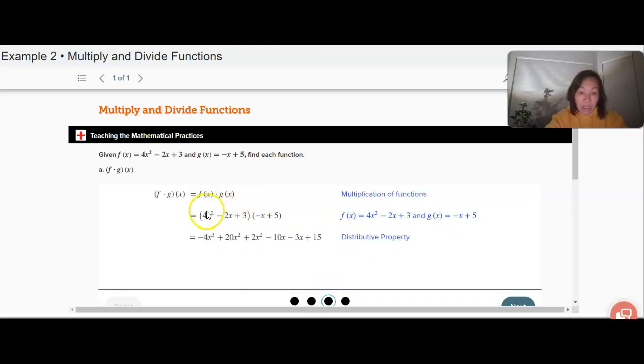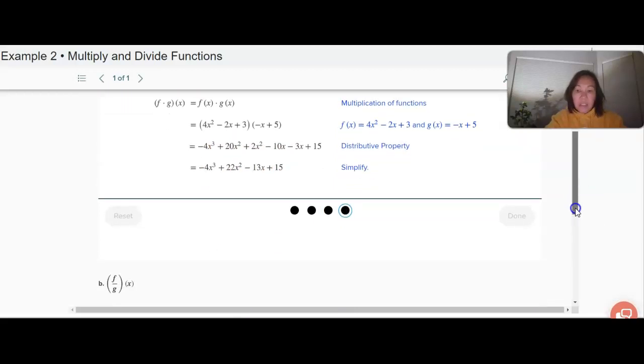So negative x times, I think they did it this way, 4x squared times negative x, 4x squared times 5, negative 2x times negative x here, negative 2x times 5 would be here, 3 times negative x to get negative 3x, and 3 times 5. And then again, combine like terms, and there's our final answer there.